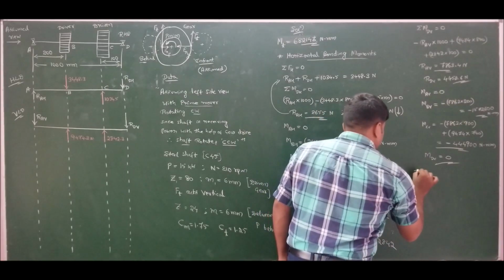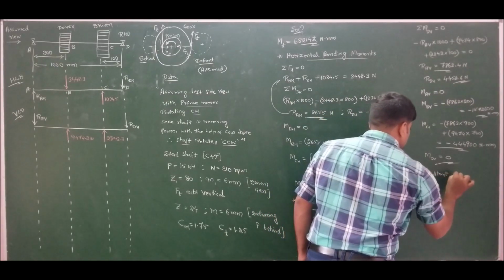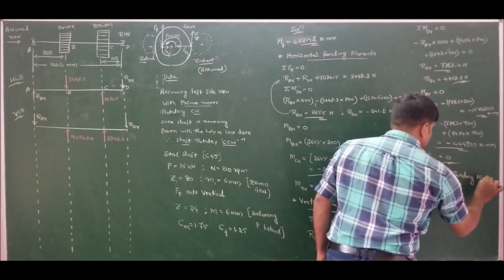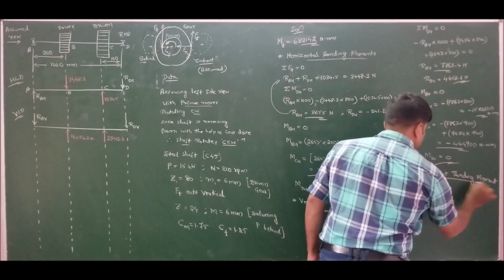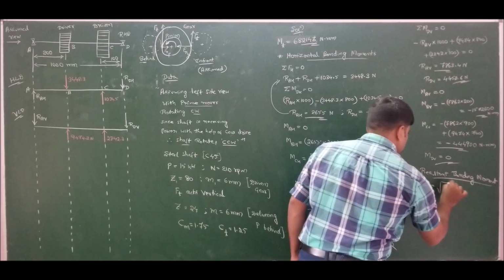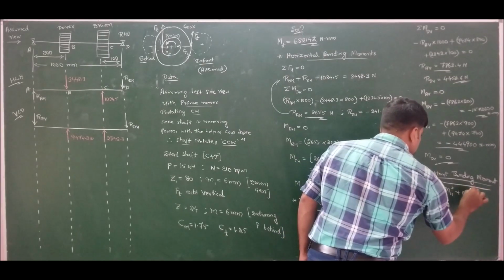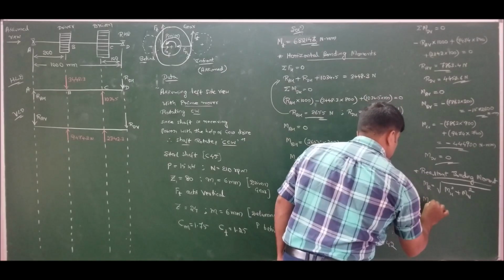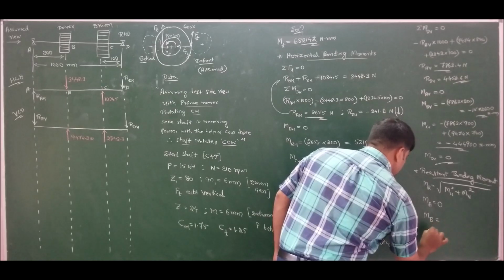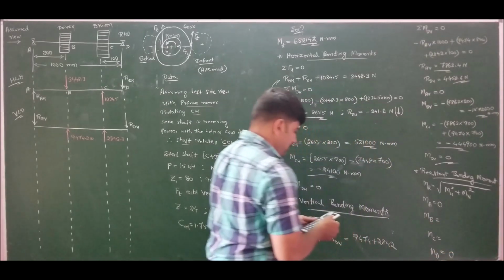Now finally I can calculate the resultant bending moment as MR is equal to square root of MH square plus MV square. MA is 0, find out MB, MC, MD is also 0.